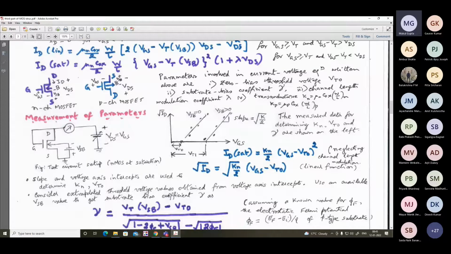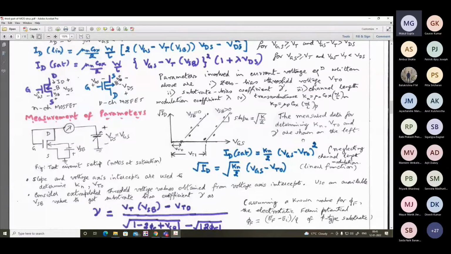Lambda will come later, when VGS will be taken to be very small and VDS for two different values, we shall consider the current, and then from there we'll try to calculate lambda. But when we are busy calculating the other parameters, namely the zero bias threshold voltage VT0, substrate bias coefficient gamma, and also the transconductance parameter, it is better to ignore lambda for the time being.